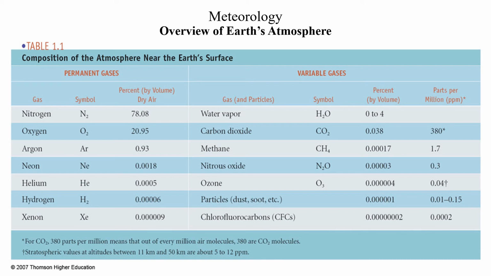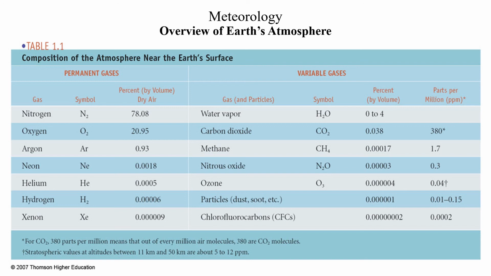So those are important. Another variable gas is methane, CH4, introduced into the atmosphere both naturally and through human activities. It absorbs certain wavelengths of radiation and plays a role in regulating the temperature of the atmosphere.